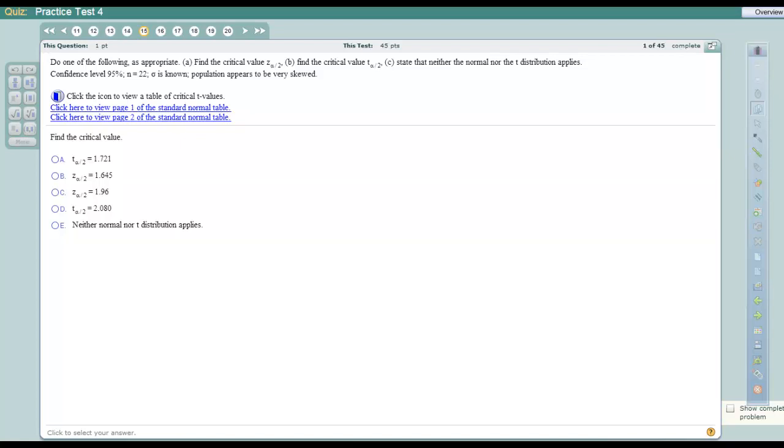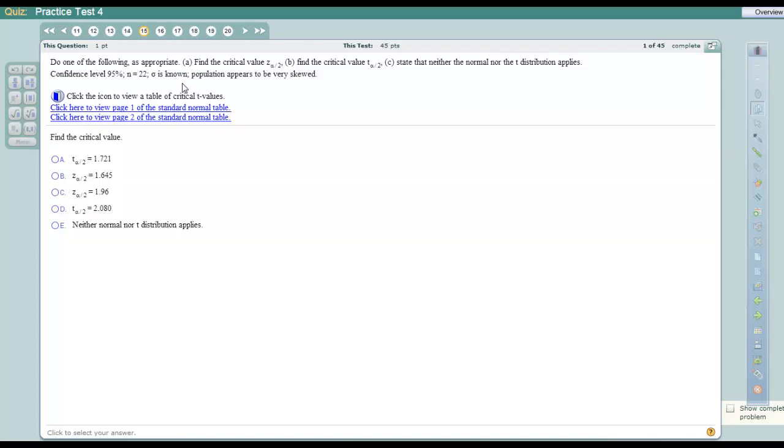So we have a confidence level of 95%, n is 22, sigma is known, the population appears to be very skewed. The first thing we would pay attention to is that sigma's known. That might make us consider doing a z-test, right?